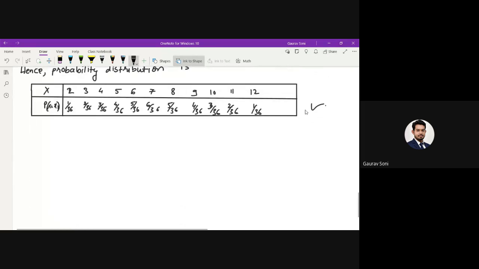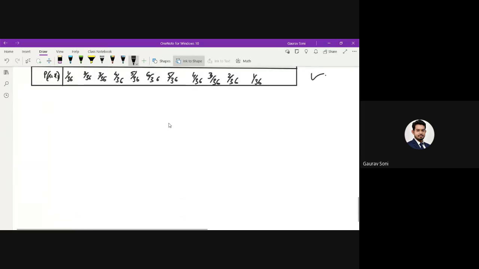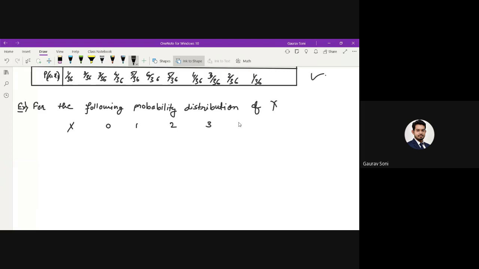Now, the next question: for the following probability distribution of X, we have X is 0, 1, 2, 3, 4.